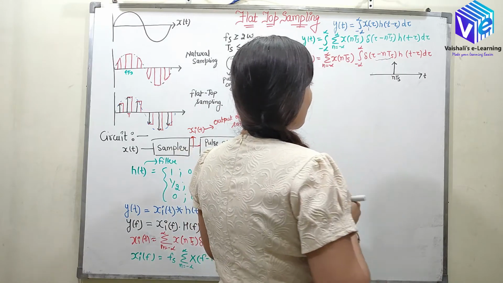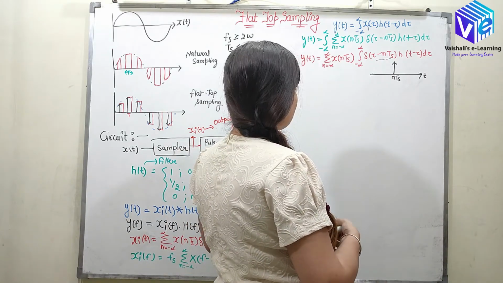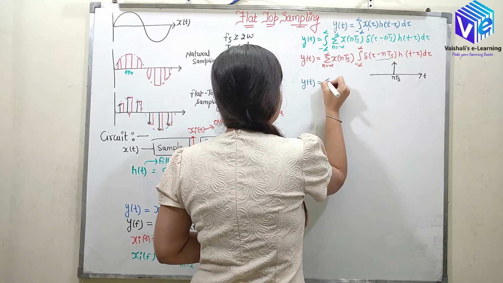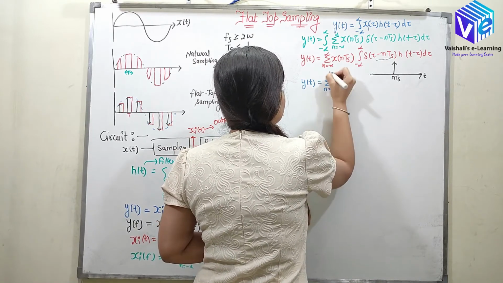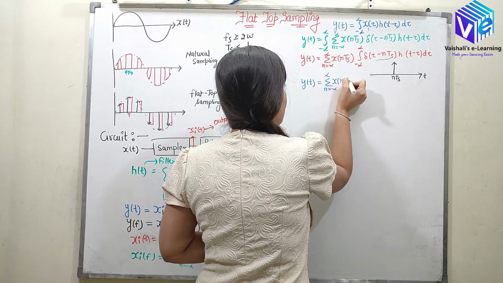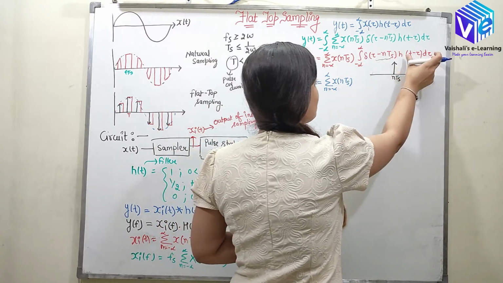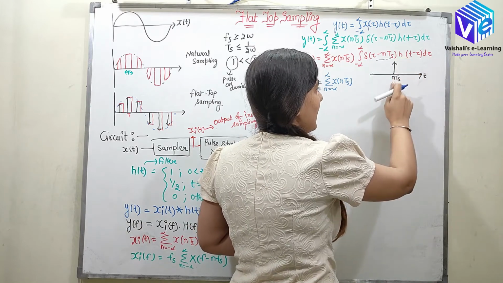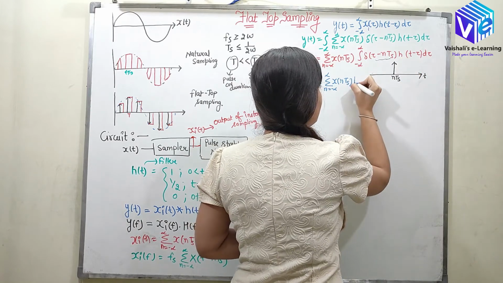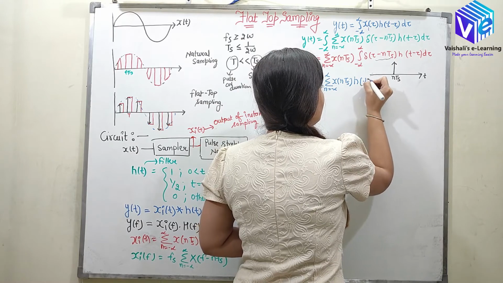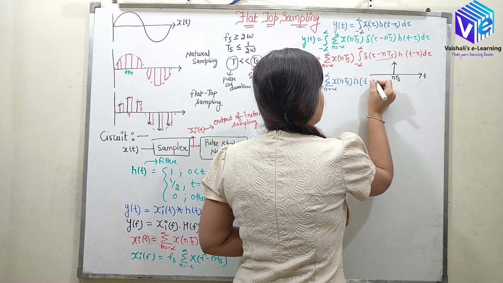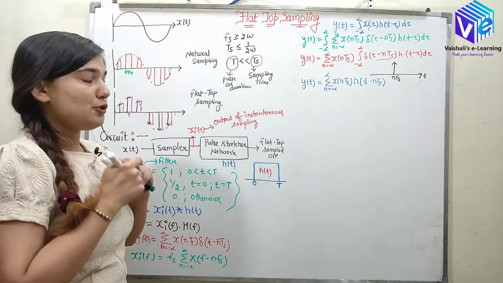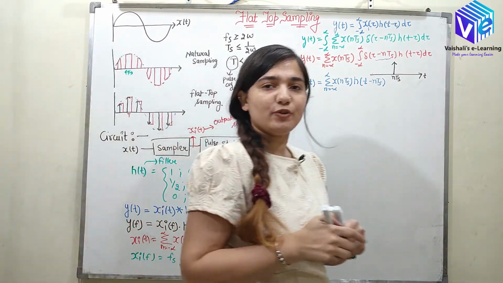So now according to the integration property of the del, y of t would be equal to summation n is equal to minus infinity to infinity x of nTs. Now when these two are multiplied, I'll get the output h at this instant only. So here h of t minus nTs. So now this is the output y of t in time domain.